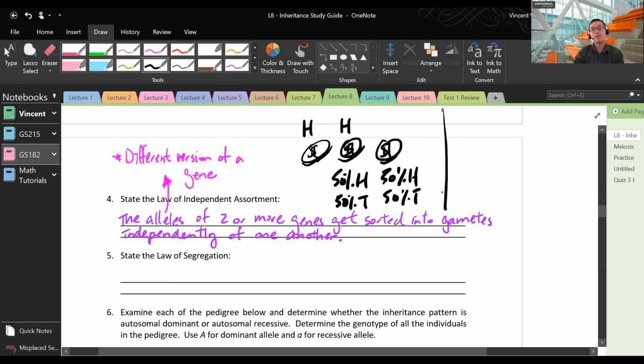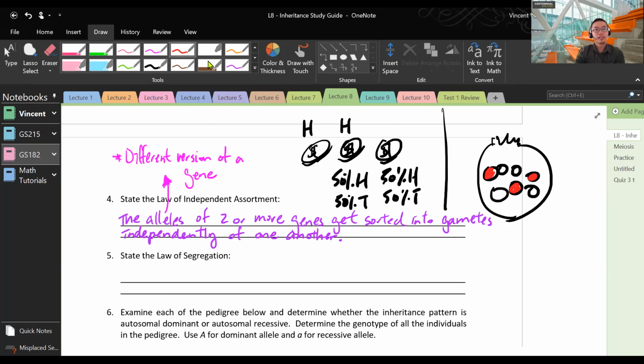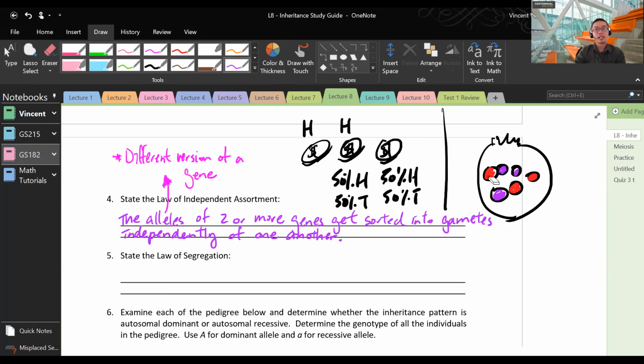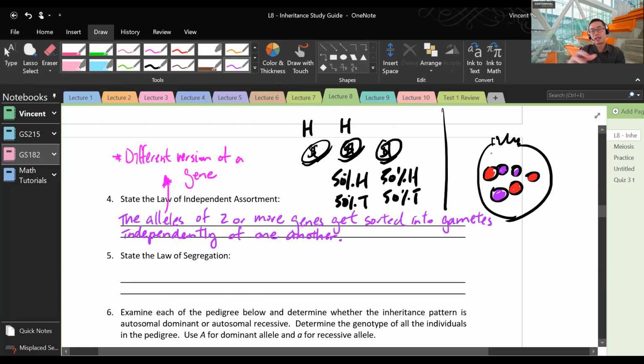Let me give you an example of something that's related, so that you can see the difference. Let's say I have a bag of marbles. It feels like we're having a math class now. Let's say we have 3 red and 3 purple marbles, and the bag is opaque, so you cannot see the inside.